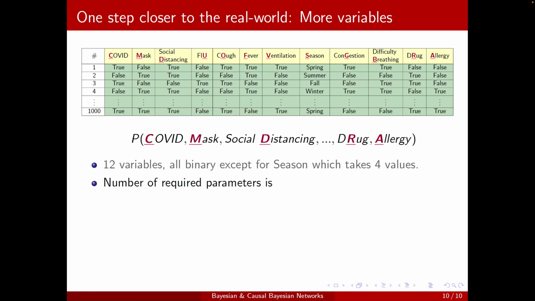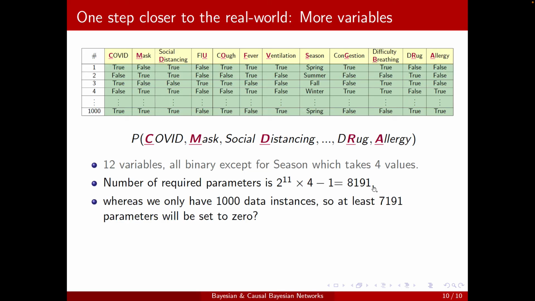Okay, so number of required parameters, if we want to use the previous approach, 2 to the power of 11, because there are 12, 11 of them are binary, times 4, because season is 4, minus 1, because they add up to 1, which is around 8,000. 8,000 parameters. How many instances we have? Only 1,000. So what should we do?